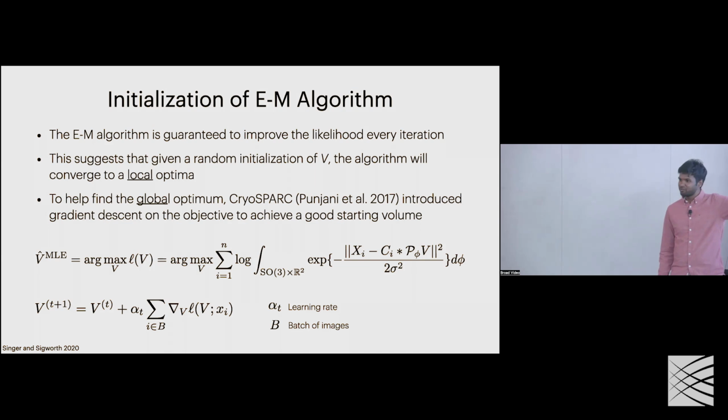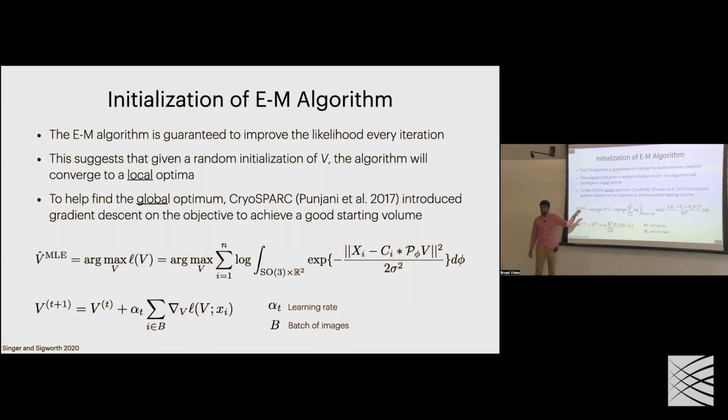This was the objective that we initially derived. Even though we don't have a closed form solution for it, we can do gradient descent on it. So they start out just doing gradient descent to optimize the volume with respect to that true objective. That gives you not a great volume, but a reasonable initialization, which you can then feed to the EM algorithm to increase the chances of actually finding that global minimum.